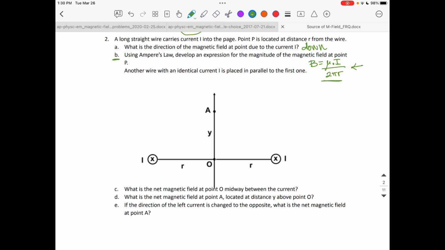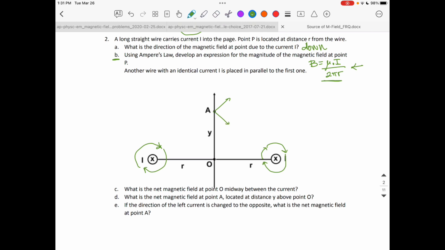So in this scenario, we've got a magnetic field into the board for both currents, so we are going to have a clockwise magnetic field for both. It's going to create that same shape, just a bigger magnetic field circle at A, which means it's going to go up and to the right. Same here, it's going to be up and to the left.